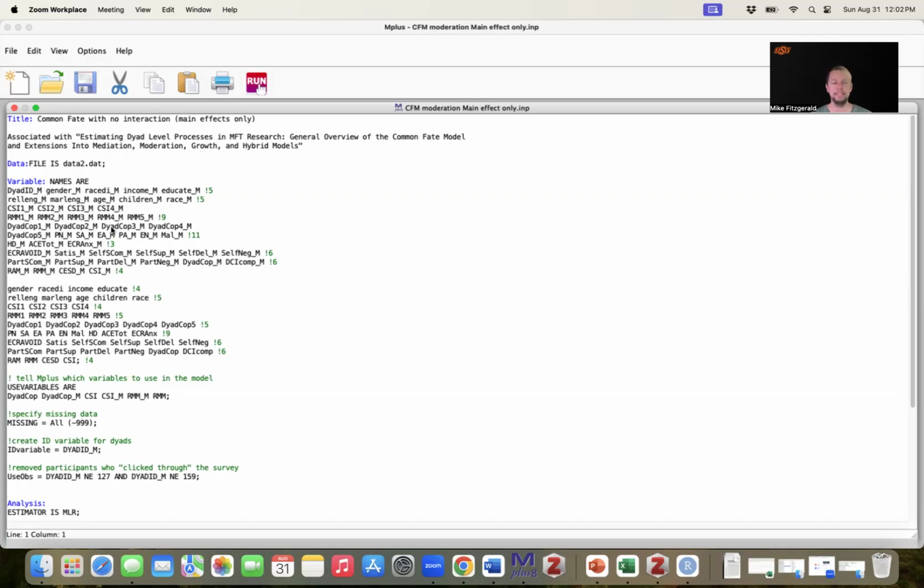So we want to estimate our model without that interaction term, establish that we have a good fitting model, and then make the assumption that adding in that one interaction term, that one extra variable, is not going to significantly harm model data fit.